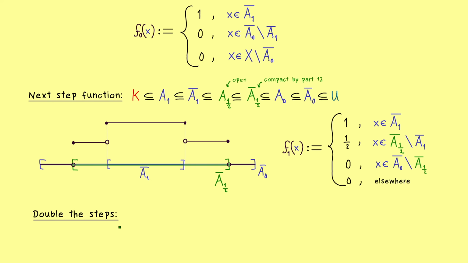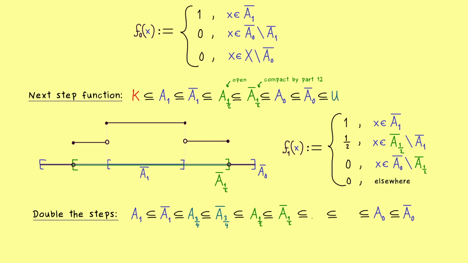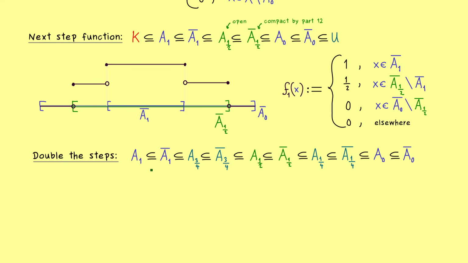Hence, we have to apply part 12 2 times, once here and once there. This means the whole chain will get larger and larger, and it will be harder to write it down completely. However, this might not be needed, because you might already see the whole idea for all the other steps as well. So let's quickly sketch the picture, and then let's write down the general case Fn.